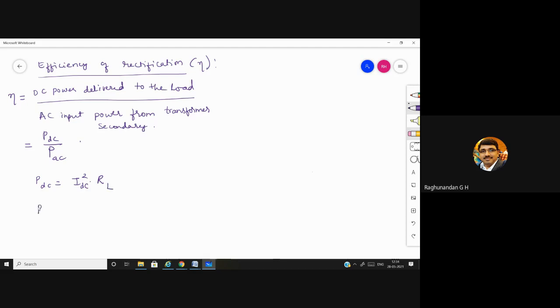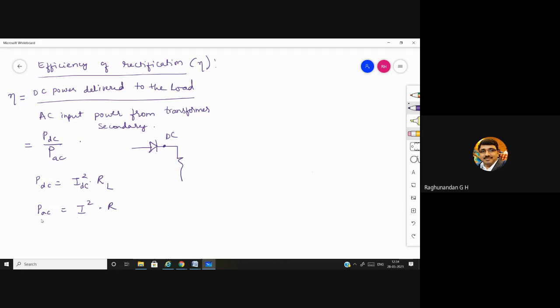Same way, for AC input power it is also I square into R. Here we have taken only RL because this DC current is flowing when you take the diode like this. Whatever is coming here is considered as DC, and that is going to flow across RL. So we considered only RL.